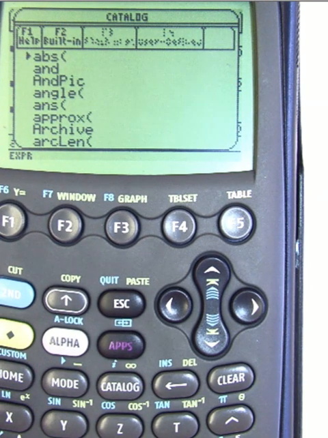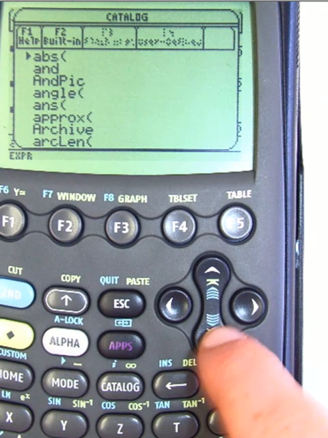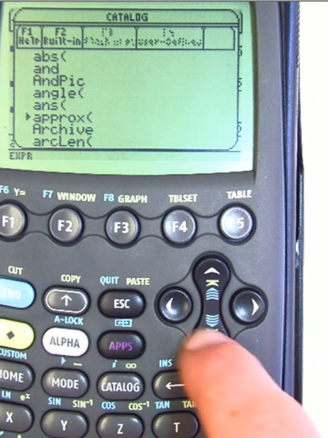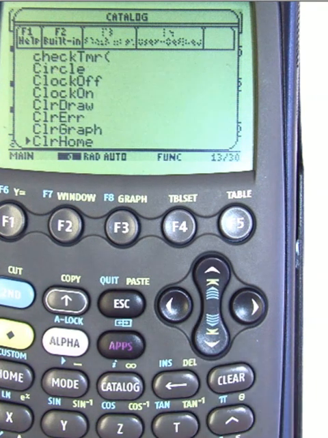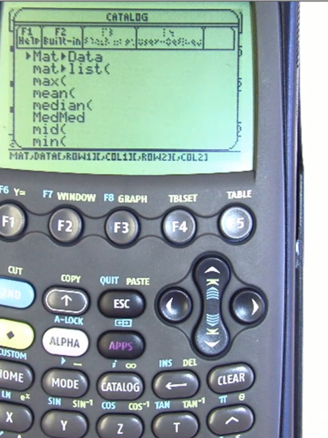But just like on the 83 and 84, the catalog has every function that is in this calculator. You can jump just like you can on the other ones. So say you need something in the M's. Okay, if you press the 5 button, that's going to jump you down to the M's, so you don't have to scroll all the way down through that list.